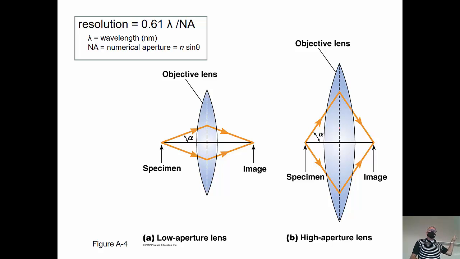We can define resolution using this equation, 0.61 times lambda, which is the wavelength of the light, divided by the numerical aperture. And this is a property of the lens. It's to do with this angle, which they call alpha in this textbook, but you usually see it as theta.